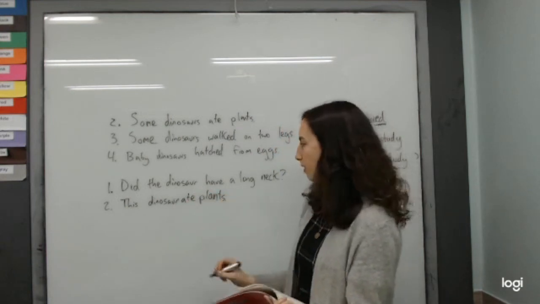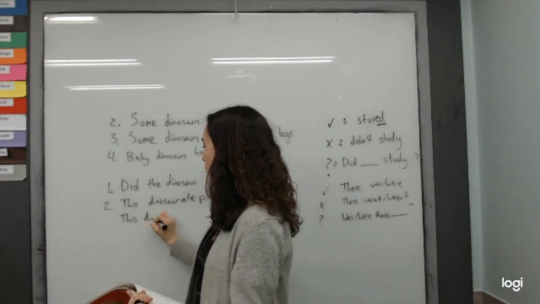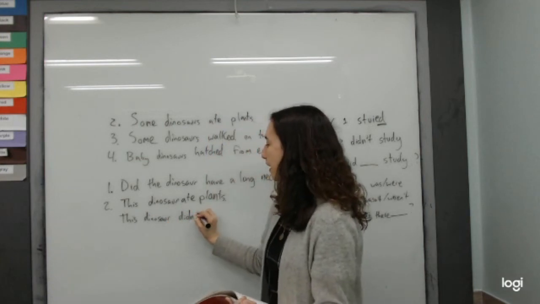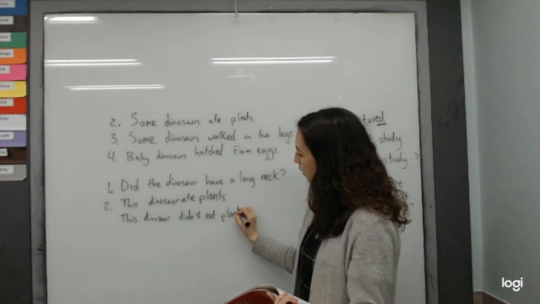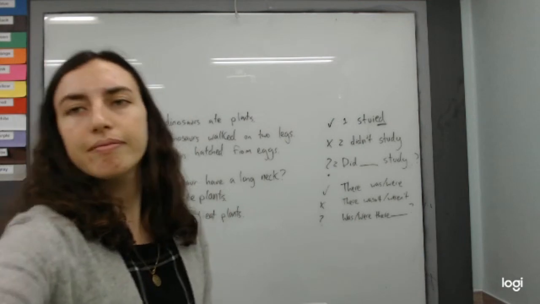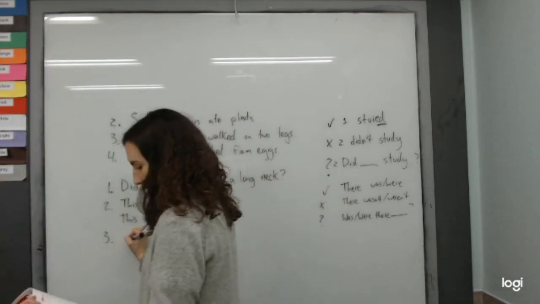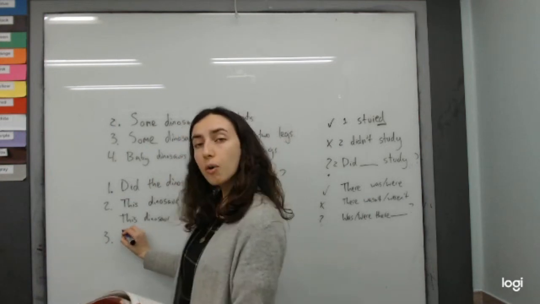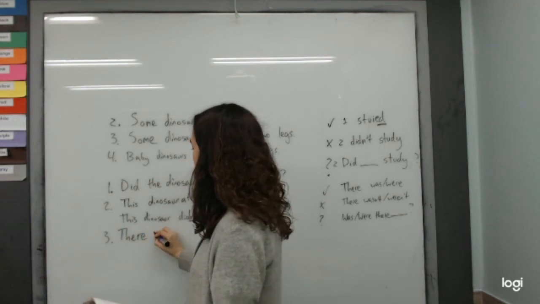Okay, next one. No, this dinosaur didn't eat plants. Number 3. There weren't any volcanoes. This is a no sentence, so to make it a yes sentence, we just change the verb.